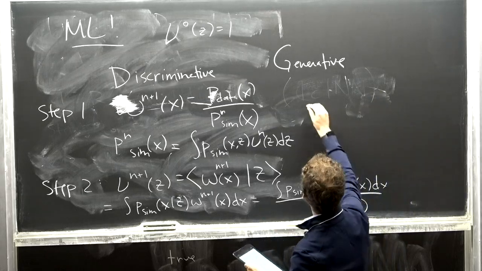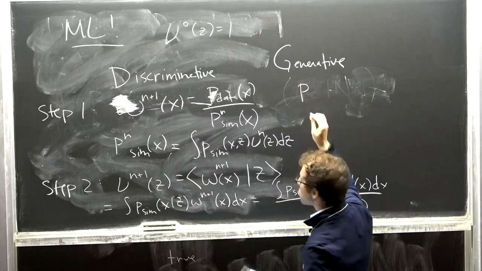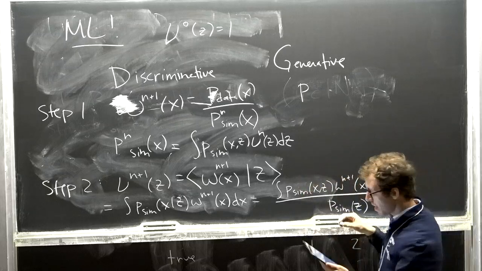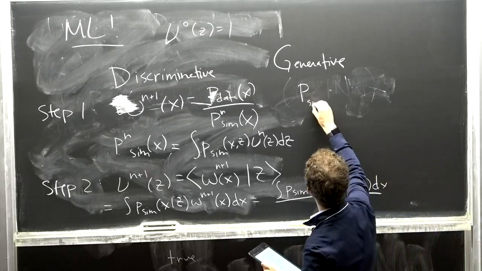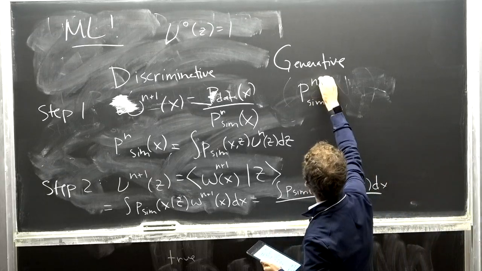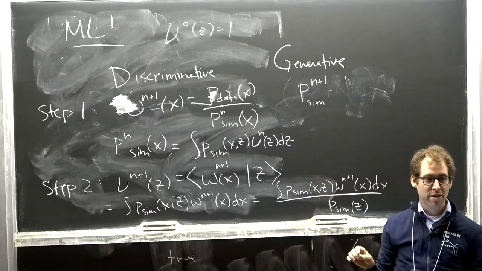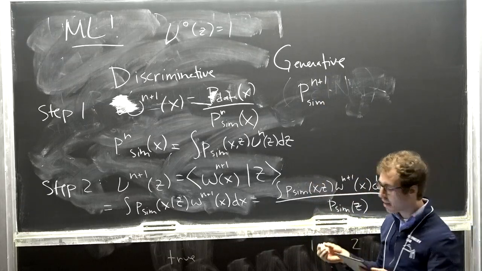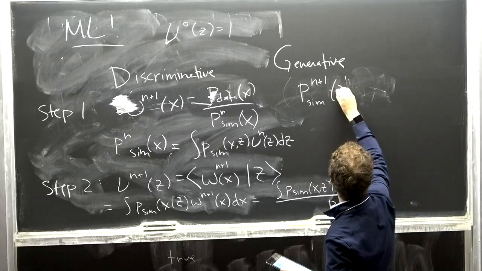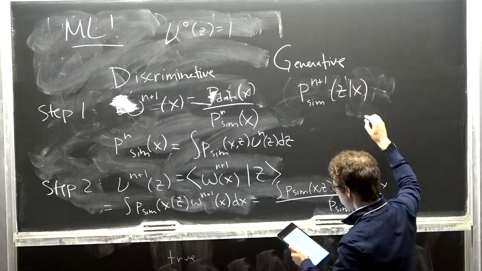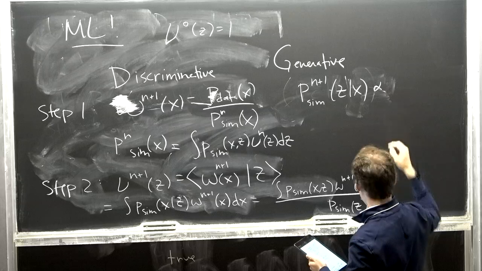OK. So for generative models, there are also 2 steps. Basically the way it works is that in step 1, the only difference is that instead of learning a likelihood ratio, you learn a generative model. And you learn exactly the thing that Ricard mentioned, which is the posterior.